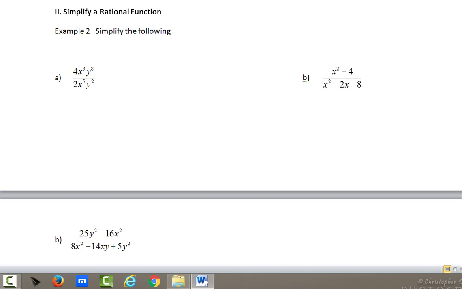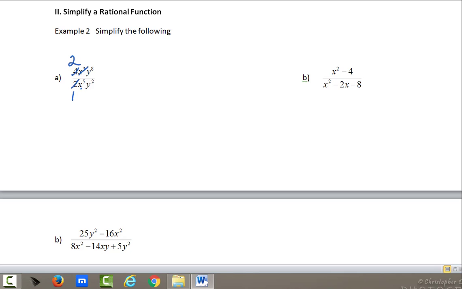We just want to reduce. So 2 goes into itself once, goes into 4 twice, and then for the x's you have to decide where the x is going to end up, in the numerator or the denominator. The rule of thumb is that the variable is always going to end up where the exponent is larger, so that you can leave your answer with positive exponents.